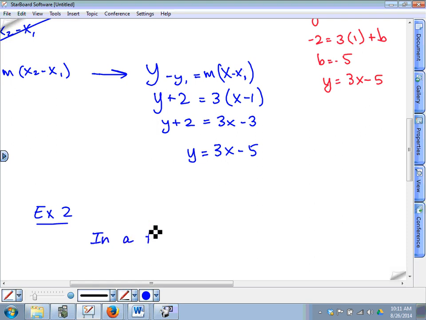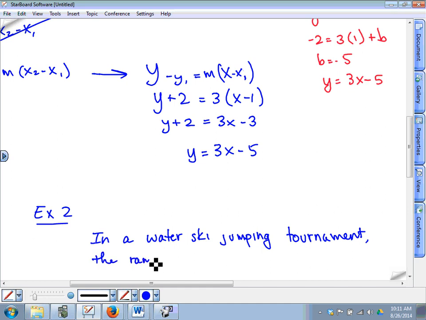In a water ski jumping tournament, the ramp rises to a height of 6 feet and is 21 feet long. A water ski jumping tournament? Is that even a thing? Oh, it's huge in Italy. I guess I have seen some of these.